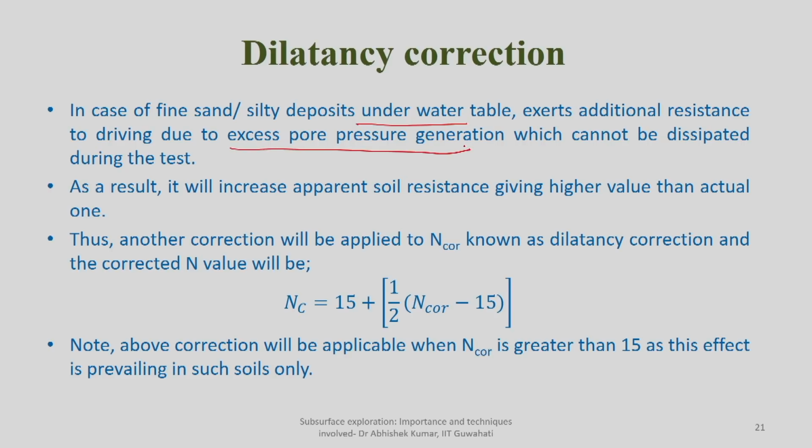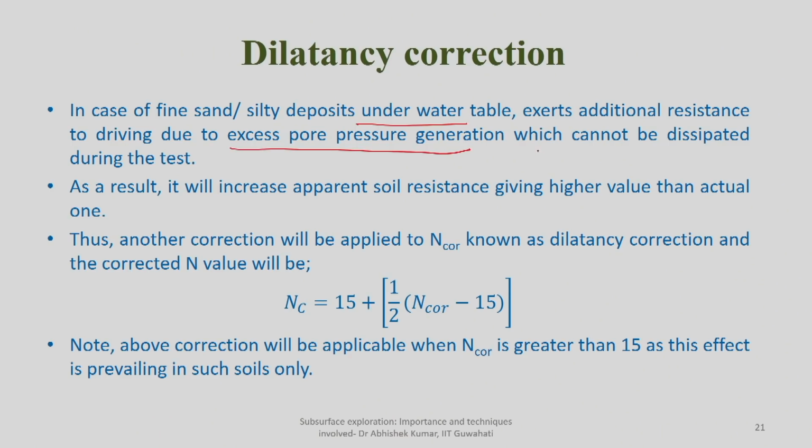You are providing an impact load, and water is not able to dissipate within that small instant of time. As a result, this pore pressure applies additional resistance onto the sampler, which cannot be dissipated quickly during the test. So you have some resistance offered by the soil plus some additional resistance, called apparent resistance, because of the pore pressure generated. So, you have to apply an additional correction.